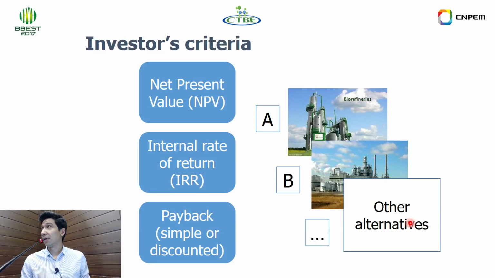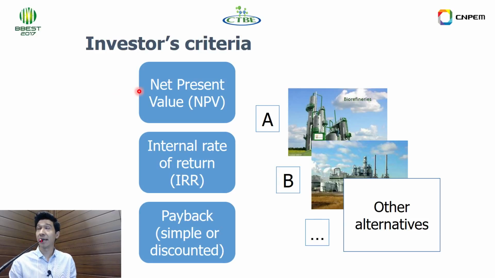So thinking cash flow analysis, we separated 3 main indicators here. The investor can select based on a variety of project options, for A or B or maybe C or N projects. And basically, he has to observe some basic concepts. First one, the net present value, the NPV. What does it mean? It means how much money I'll make with this project.